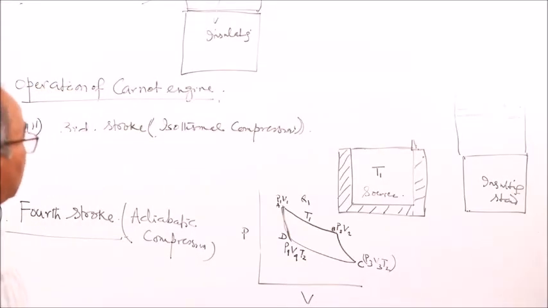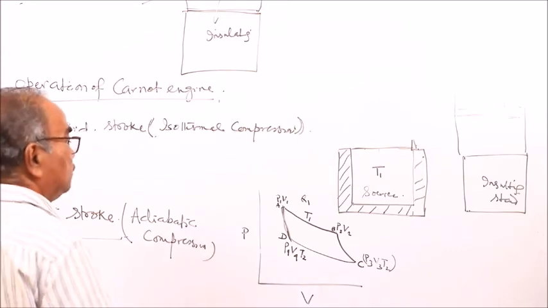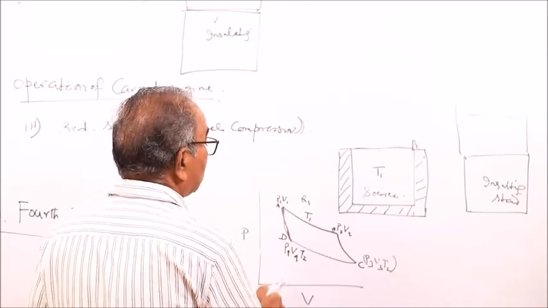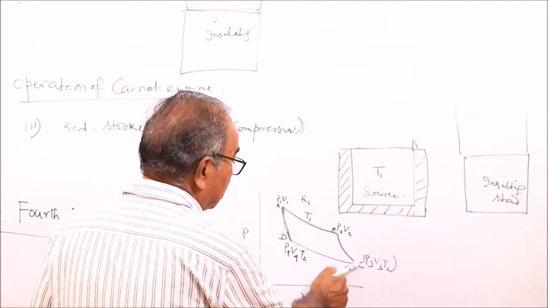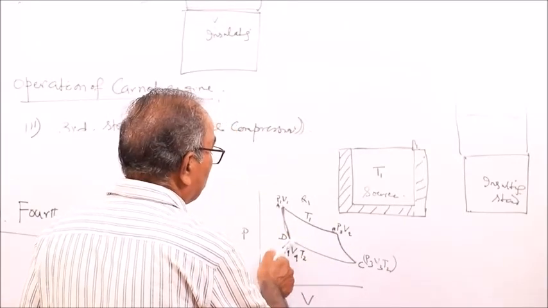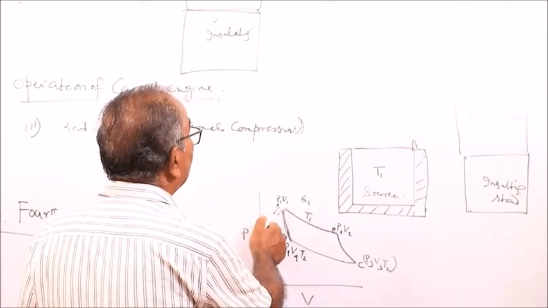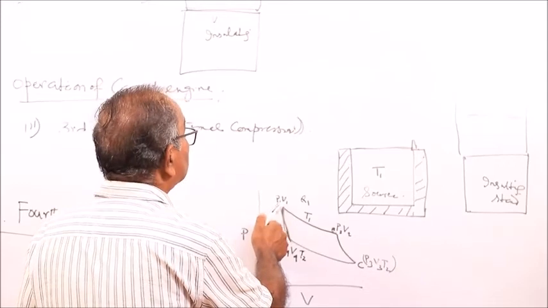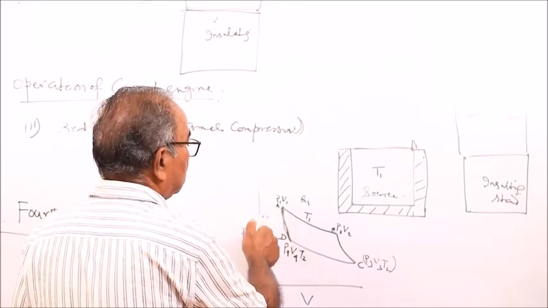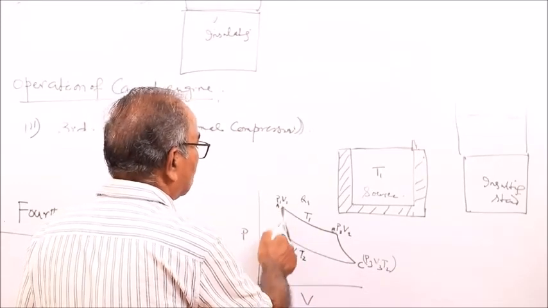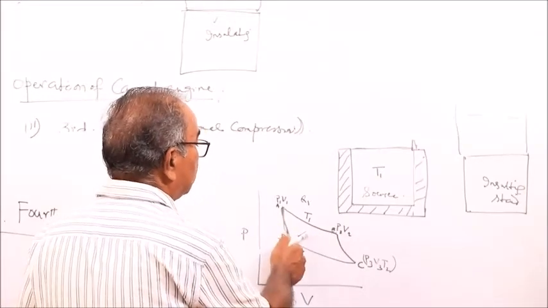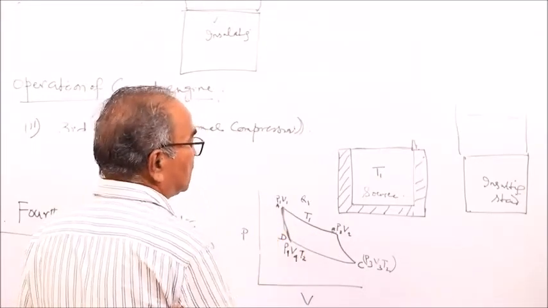So this is an ideal, reversible engine. By doing a series of operations, first isothermal expansion, then adiabatic expansion, then isothermal compression, and then adiabatic compression, we reach the same pressure, same volume and same temperature. So the Carnot engine is a reversible engine. This is an ideal engine, and its efficiency is large.